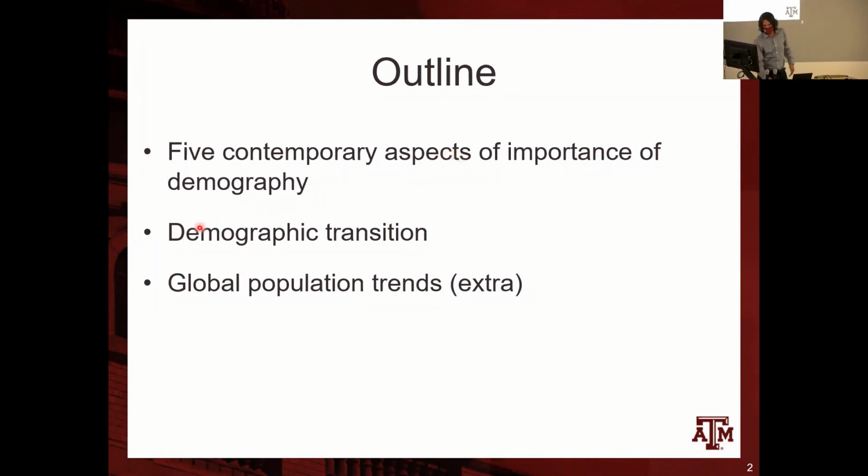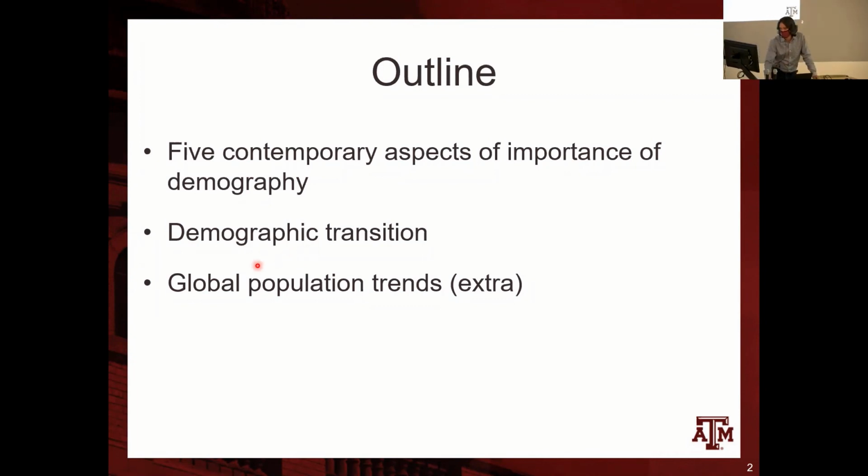But we're going to go deeper into it in the chapter about theories of demography, which is chapter 2. Here in this chapter, I'm just going to show you a big picture of what demographic transition is and some examples.